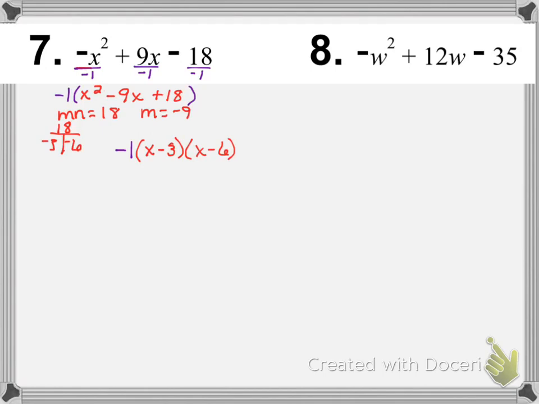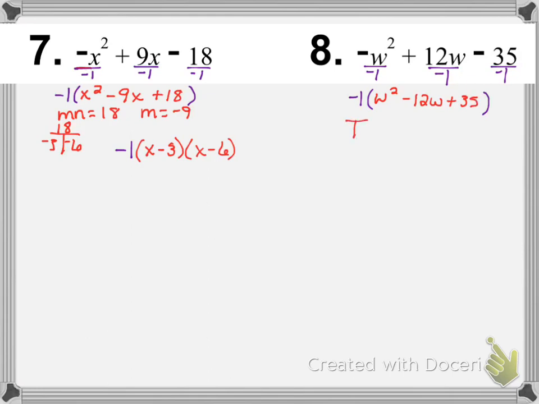Here we go. We factor out the -1, and we end up dividing all of this by -1 just so that we can make the leading coefficient positive. So now what we're going to factor inside is w squared minus 12w plus 35.